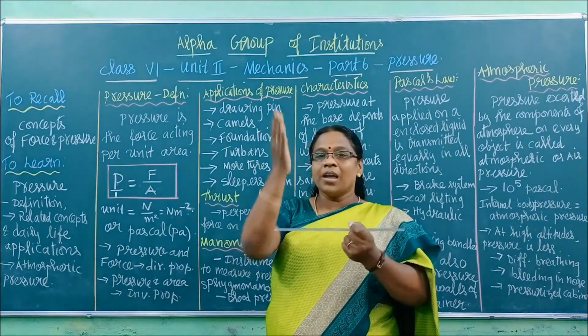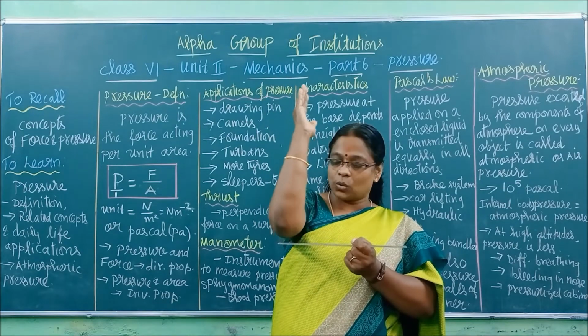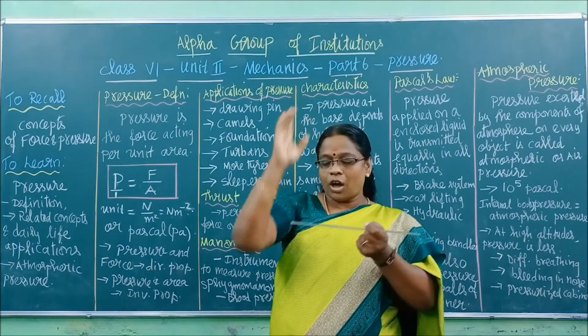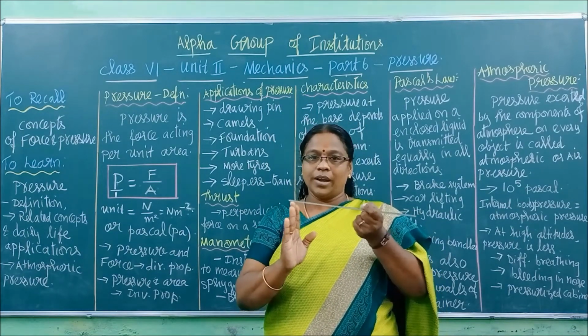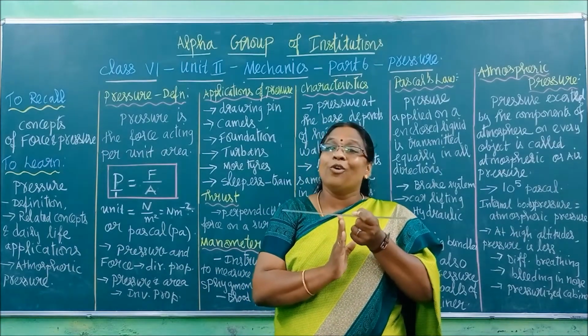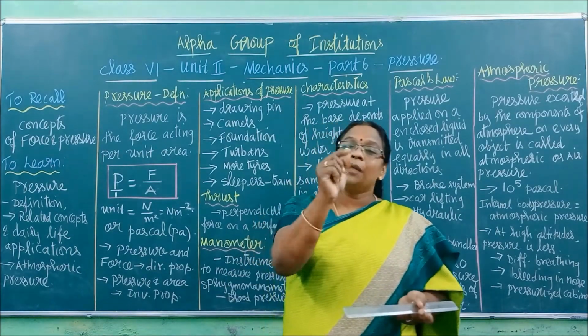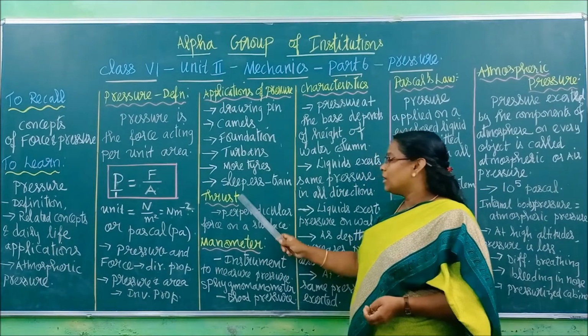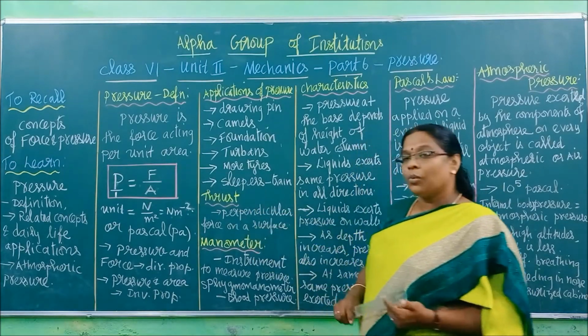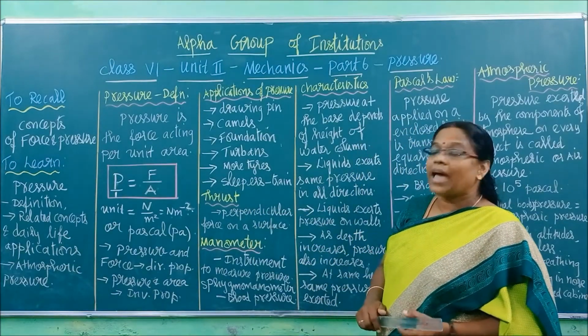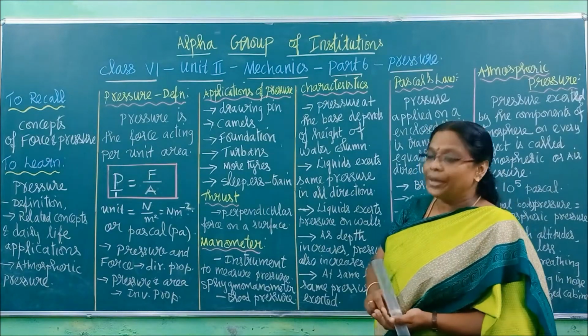But if I apply a force like this in a perpendicular way, making an angle of 90 degrees, then that particular force is called thrust. Okay, perpendicular means making an angle of 90 degrees.